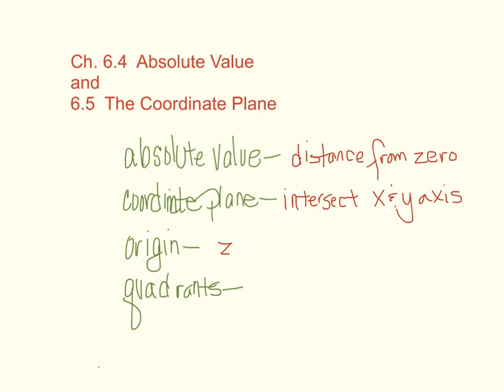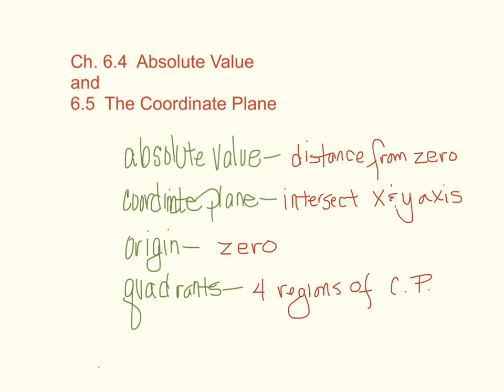That means 0. Another way of saying 0. Or the very center. Quadrants. And these are the 4 regions of the coordinate plane. And there you go. There's our working definitions.